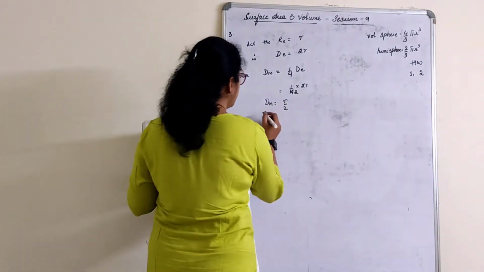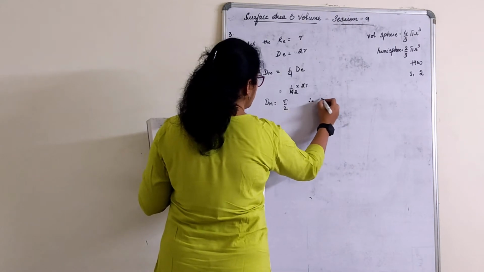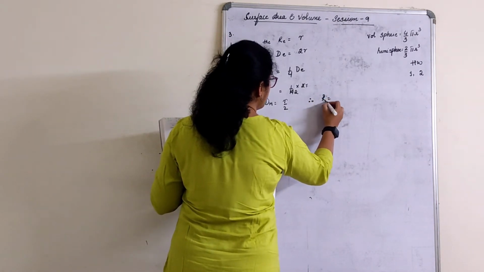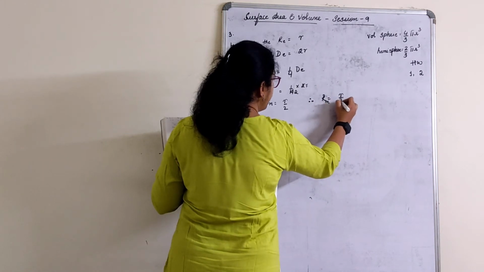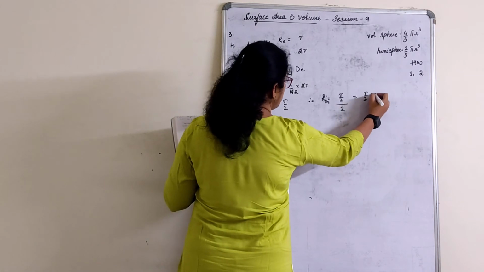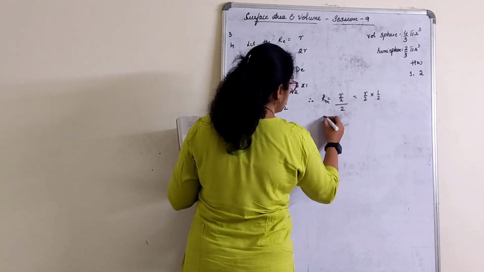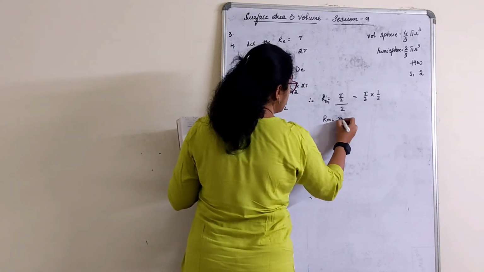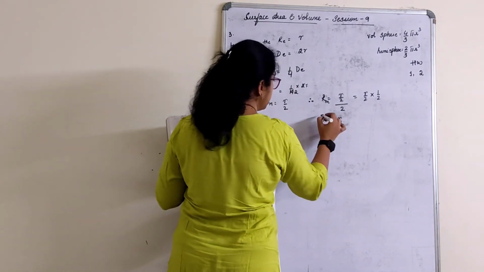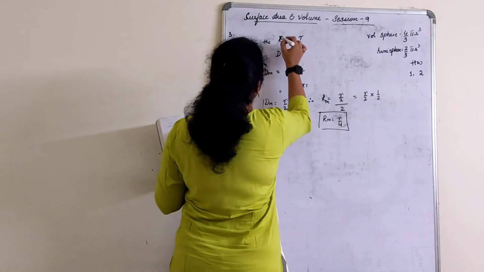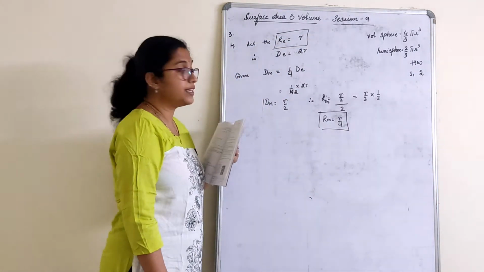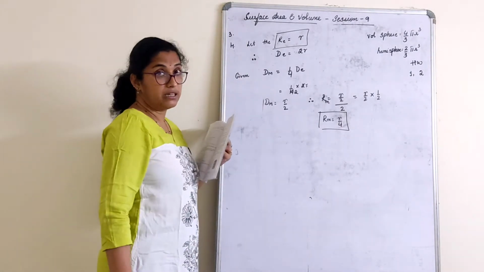Therefore, the radius of the moon is half of this, which is R by 2 into 1 by 2. Radius of the moon is R by 4. I'll highlight this radius part here, which is actually required: radius of the earth and radius of the moon. I hope it is very clear now.